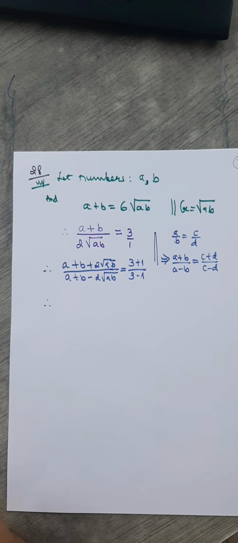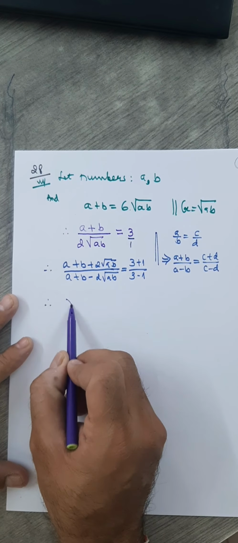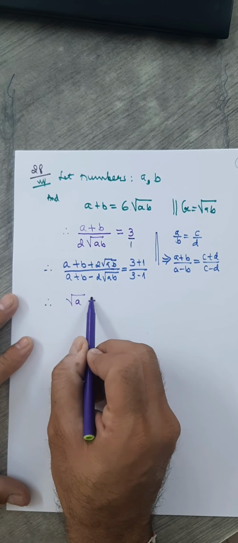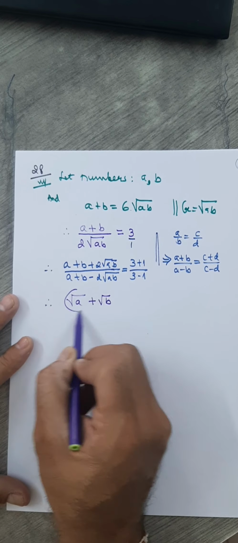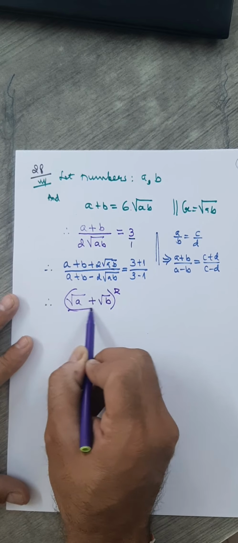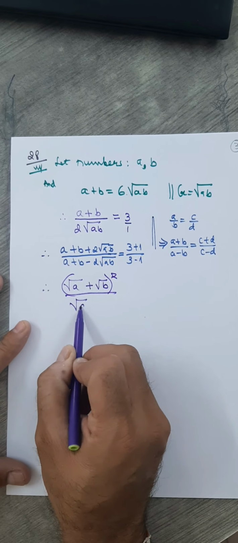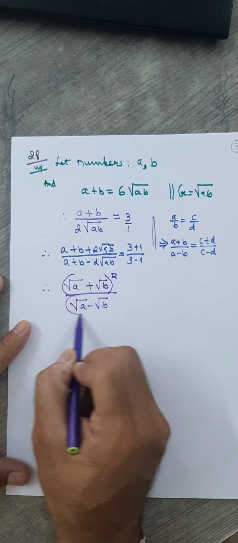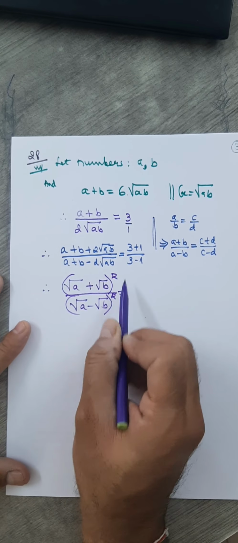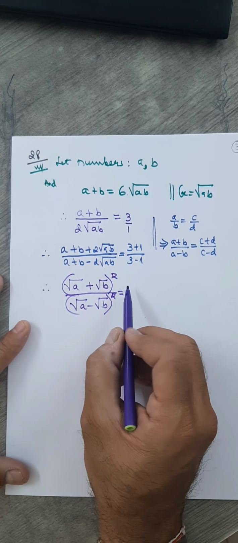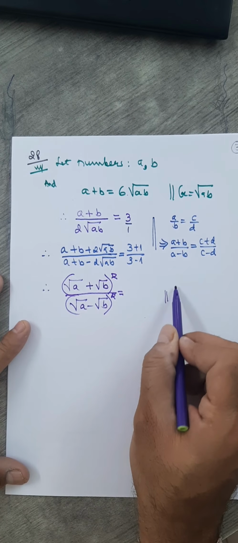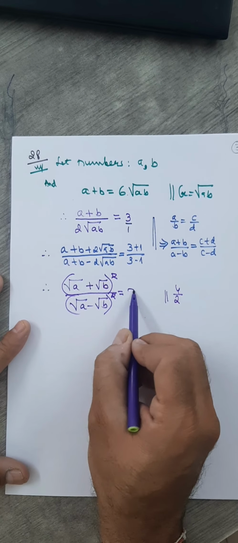Why I did like this? Now you look at it, left hand side expression. What is this? You can observe carefully. This is root a plus root b the whole square upon, what is this? Root a minus root b the whole square equals, this is nothing but 4 by 2, so that is 2.